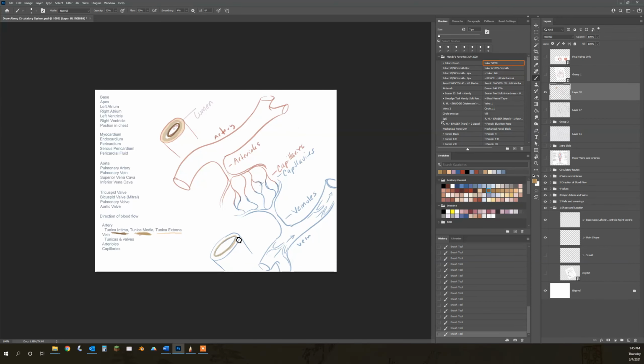The wall of it is the tunica intima. There's our interior wall. And then you're going to have the tunica media and the tunica externa. And then you have these valves in here. There you go. You have the one-way valves on the walls of the lumen.